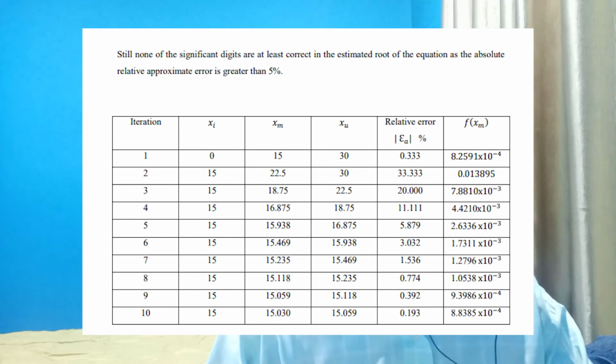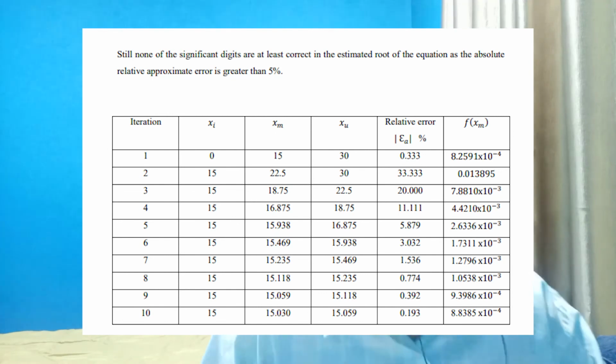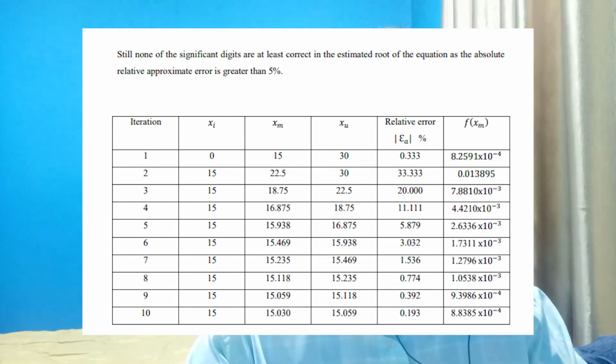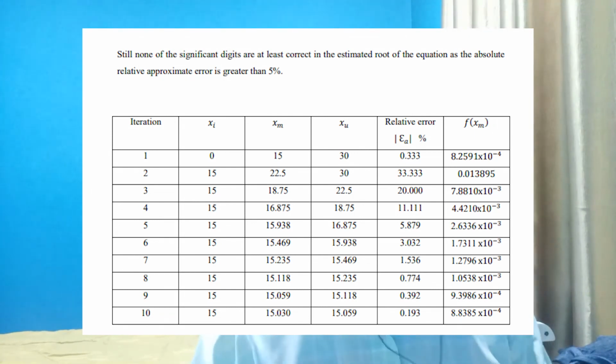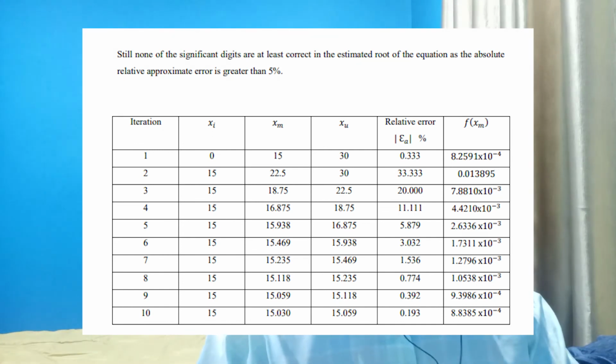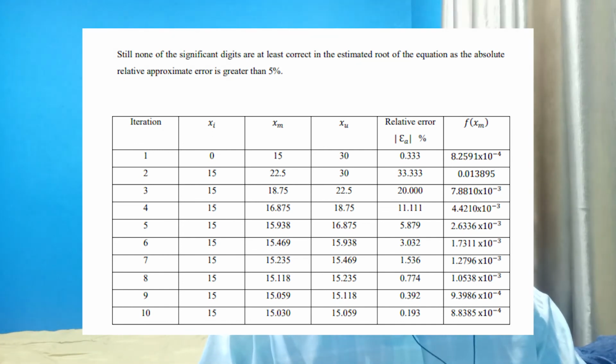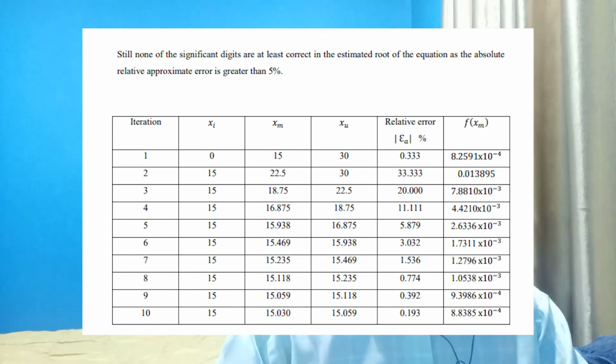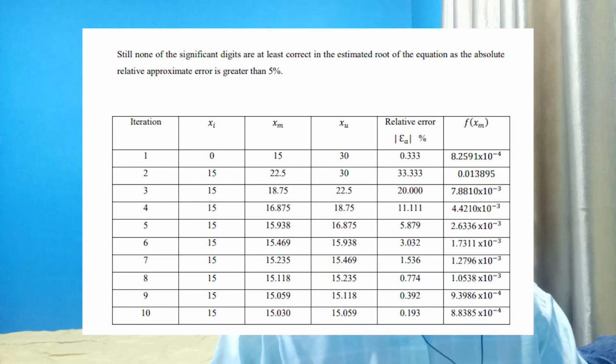We use iteration 1 until 10. The columns are xl, xm, xu, the relative error in percent, and f(xm). So you can see the tabulated data as stated in the table.